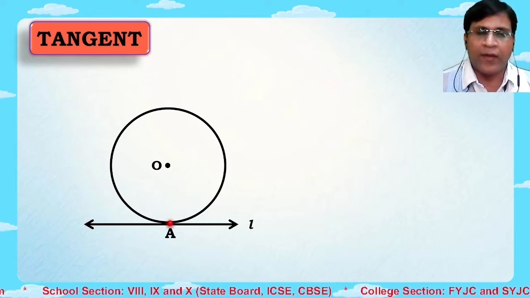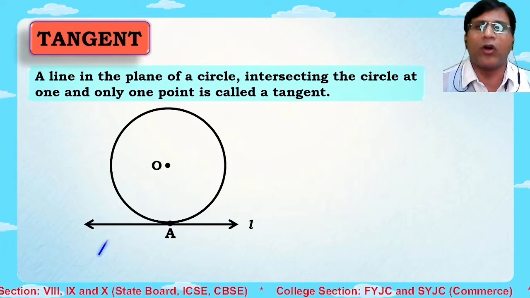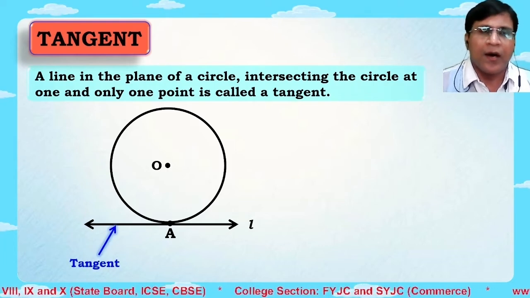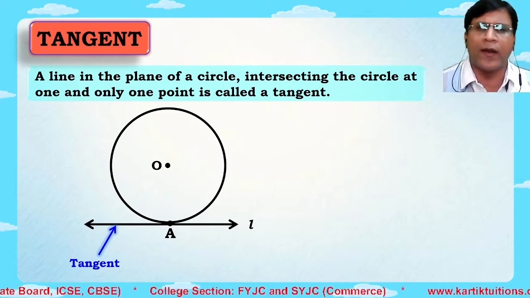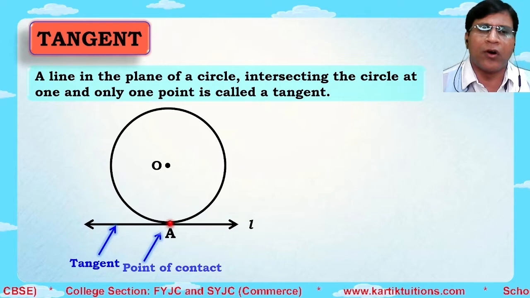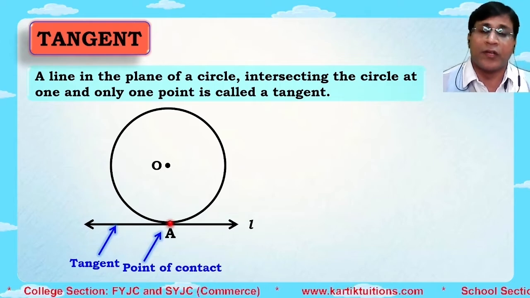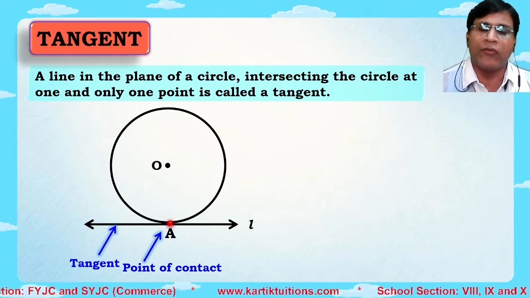Now this point where the circle and tangent are touching each other is termed as point of contact. So basically, a line in a plane of a circle intersecting the circle at one and only one point is called a tangent. And that point is termed as point of contact. So the tangent will intersect the circle at only one point, and that point is our point of contact.